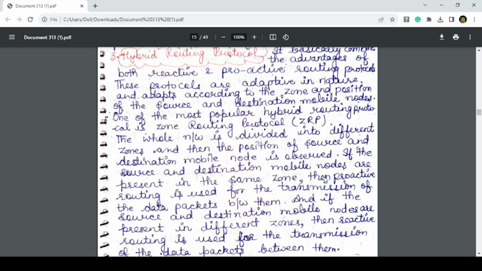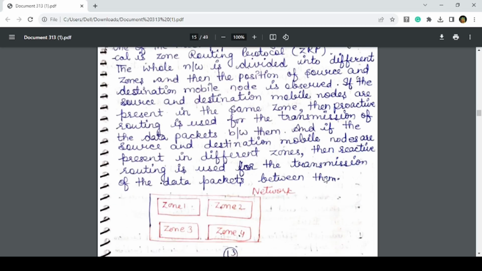If they are present in different zones, then reactive routing is used for the transmission of data packets between them. This is the network of zone 1, zone 2, zone 3, and zone 4. If they are all different, then we use the reactive routing protocol. If they are all the same, then we can use the proactive routing protocol.